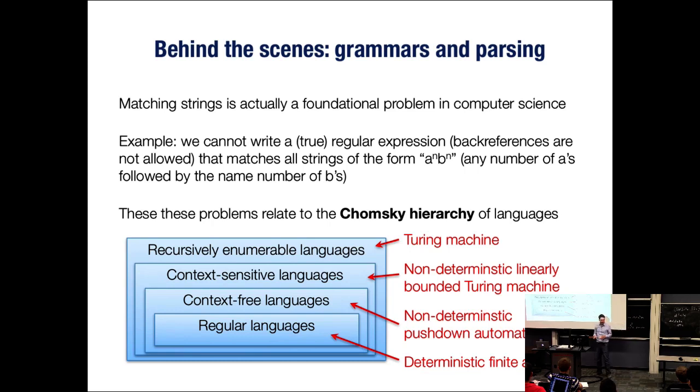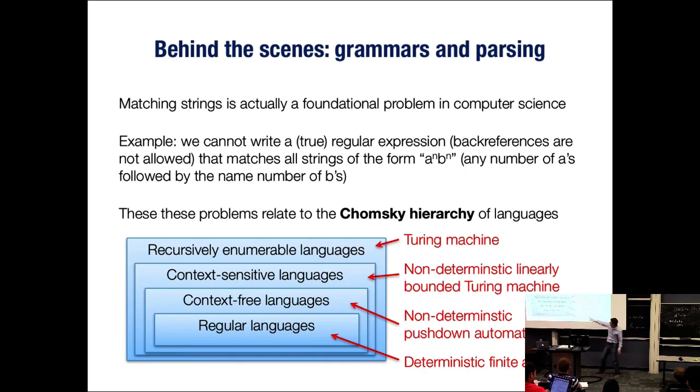When I say recognize, what that means is if I input a string to some program, the program has to say whether or not that string belongs to the class of languages it's meant to encode. So if I feed a string to a regular expression, it should say whether or not that string actually matches that regular expression, right? It turns out that regular expressions belong to a very limited class of algorithms or languages called regular languages.